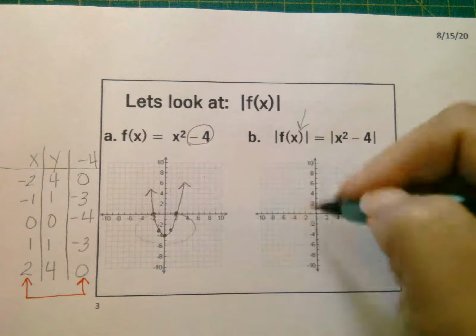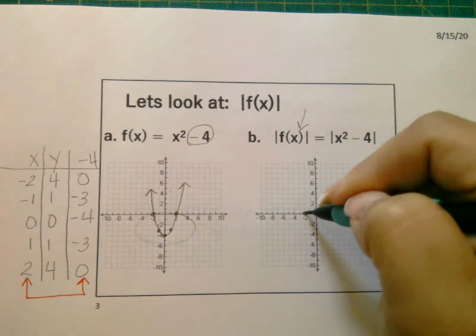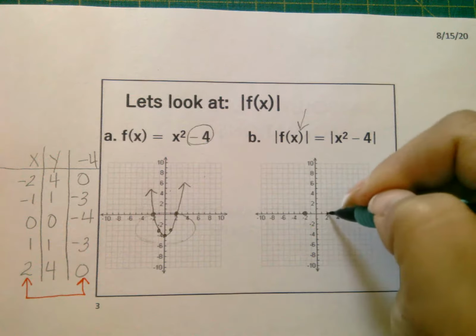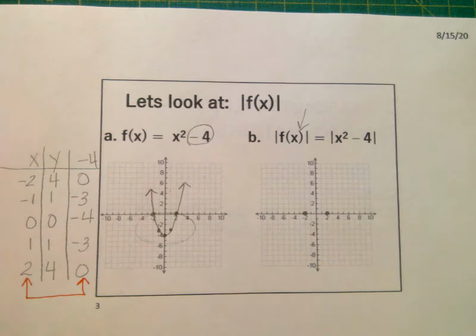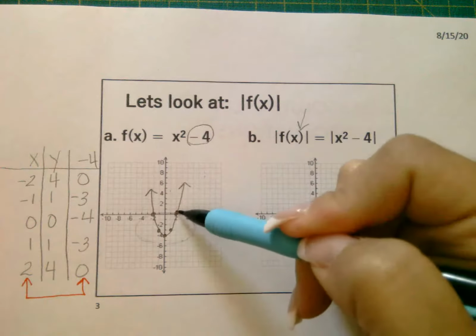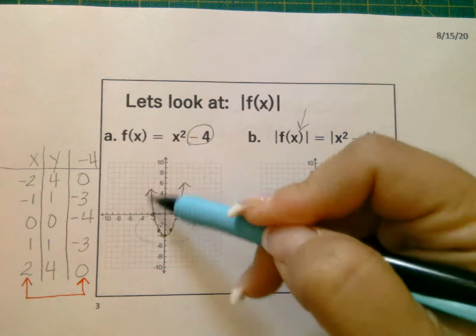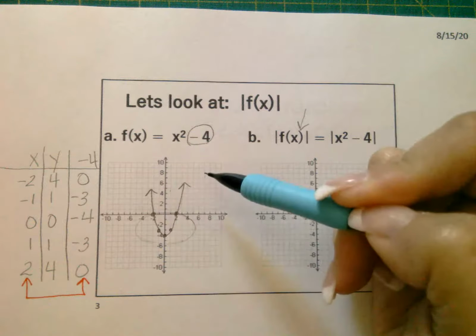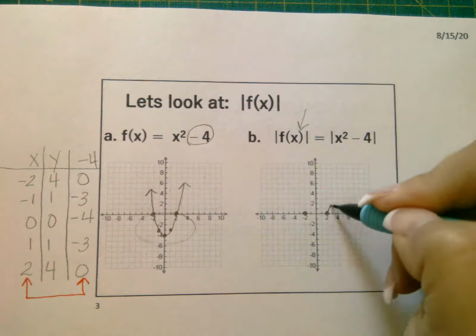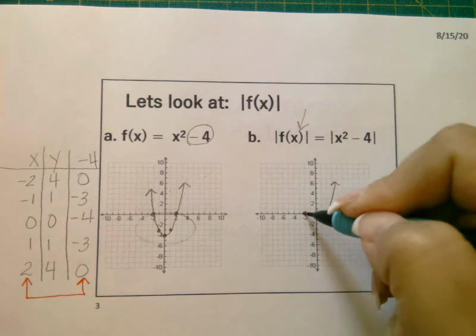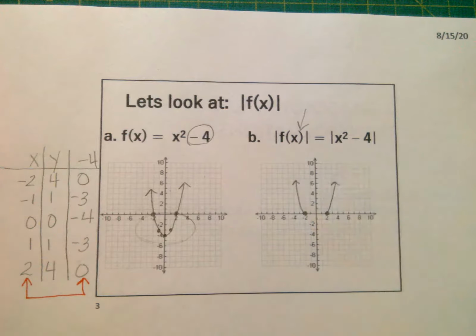So -2, 0 would remain unchanged, and 2, 0 would remain unchanged because those are on the x-axis. And then the ends of my parabola here would also be unchanged because those are above. So I like to recreate that first.